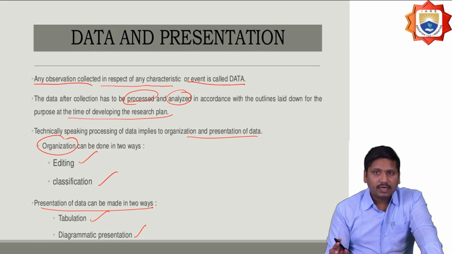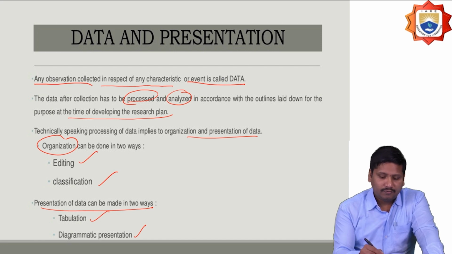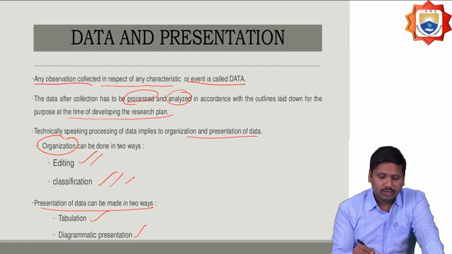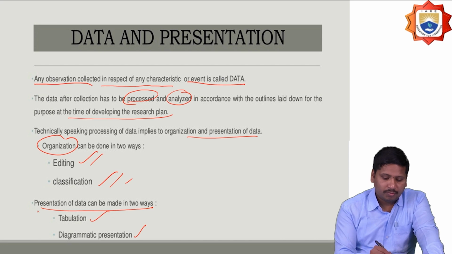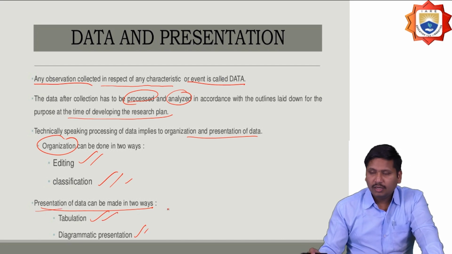And technically speaking, this organization can be done in two ways, like editing and then classification. So you can edit the data and we can classify the data based on characteristics, and the presentation also is to be done in two ways like tabulation and then diagrammatic.